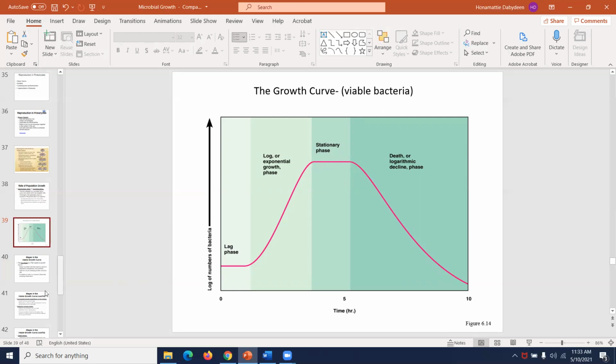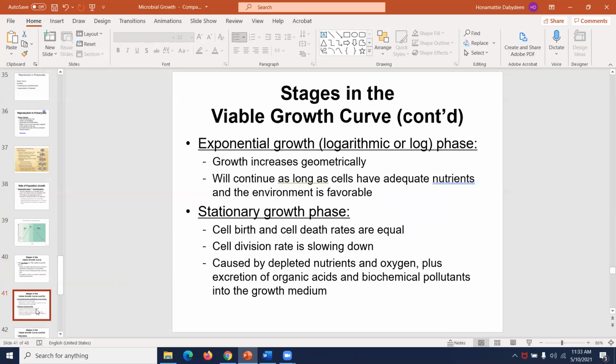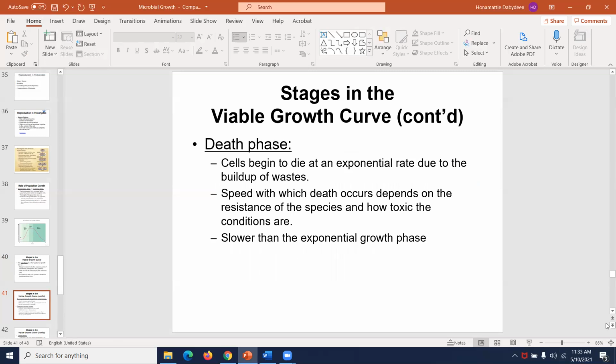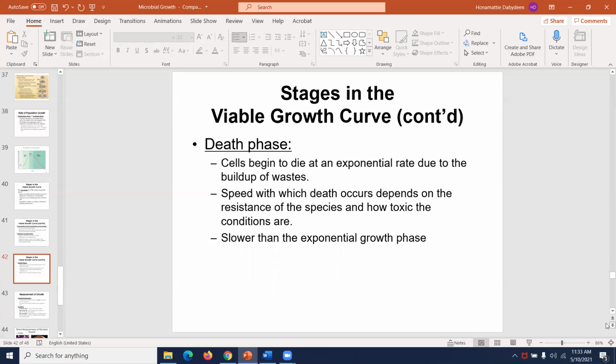But as conditions become more and more unfavorable, less and less food, more and more toxic waste, more and more dead organisms, less space for each organism, you end up with what we call the death phase of growth. Okay?